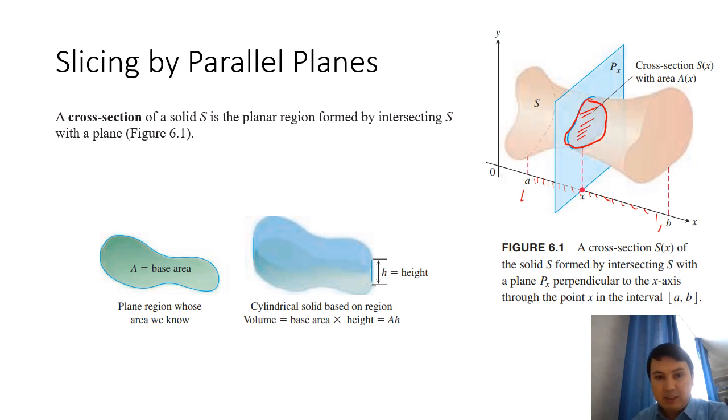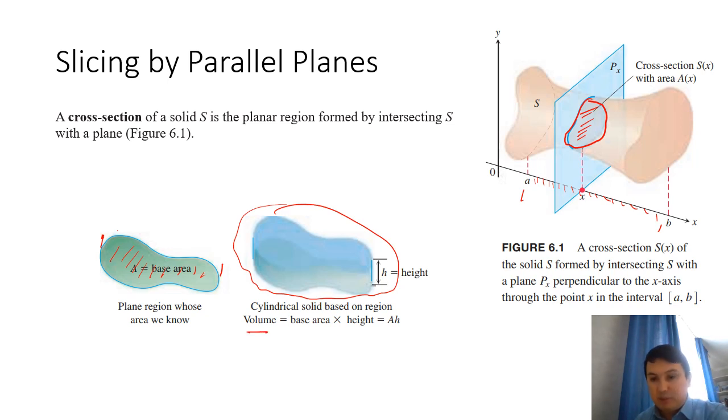So let's say that I sliced, and this is my cross-section, right? And then if you thicken it in, let's say, that direction, you will get a shape of this form, right? And this thickening, let's say the height, is equal to h.